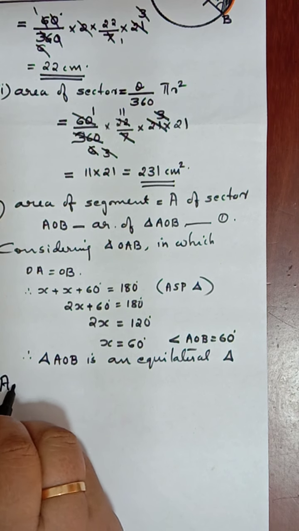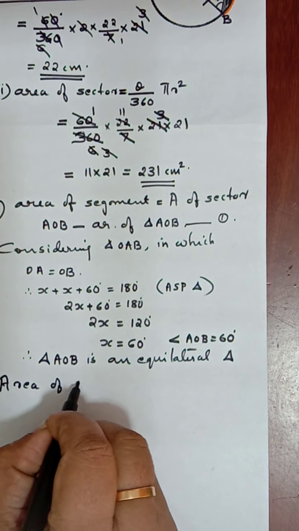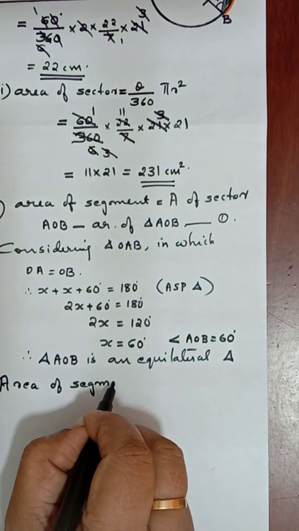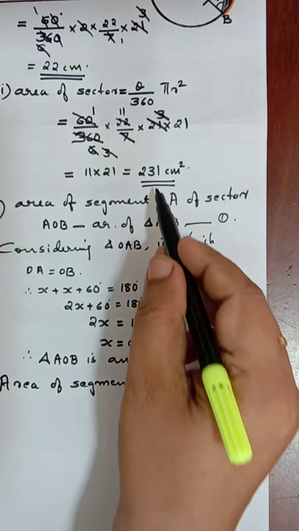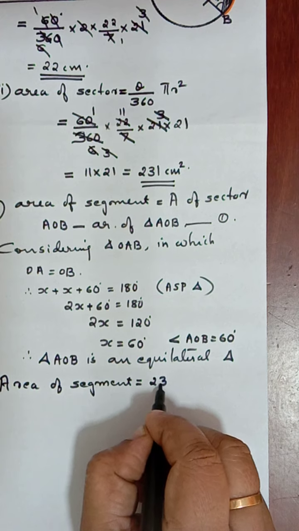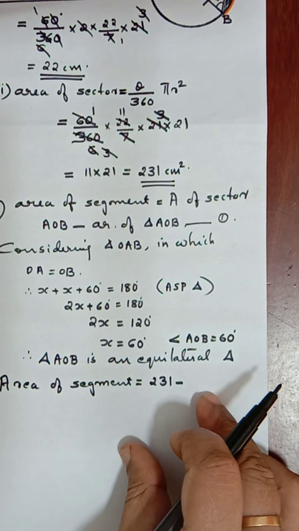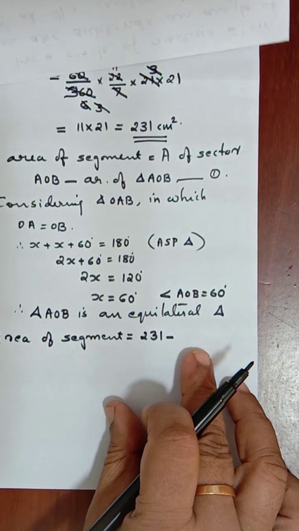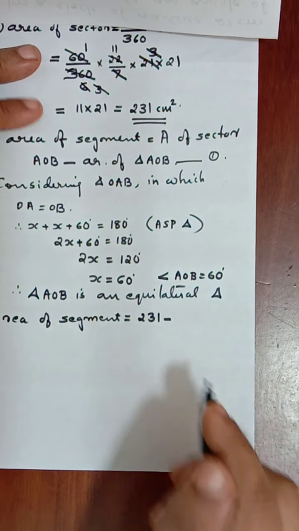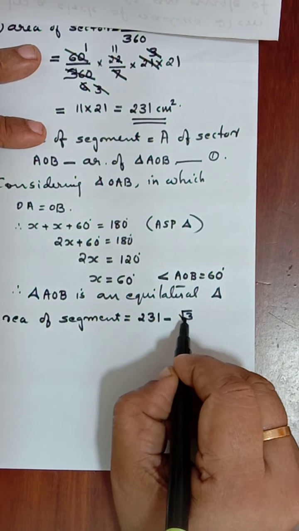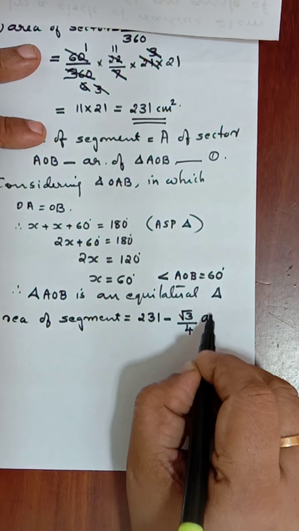Area of segment equals area of sector AOB, which we found to be 231, minus, first you have to prove it's an equilateral triangle, okay, now substituting in the formula, root 3 by 4 a square.